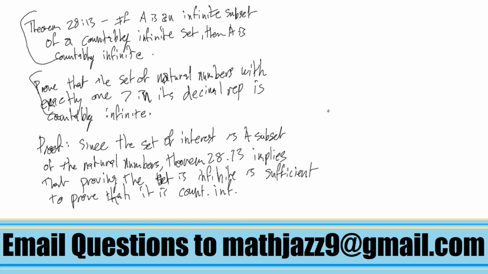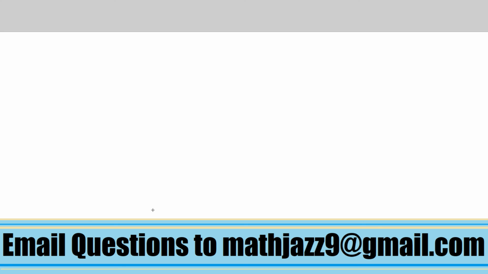Okay, so that's the first step. That reduces the work a lot because all we have to do is show that there are an infinite number of numbers that have exactly one 7 in their representation.